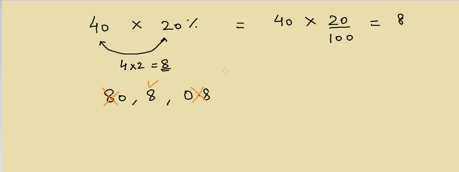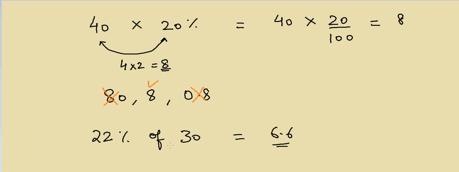So if we don't worry about the zeros, we can do this calculation very quickly without thinking about zeros. For example, if I have to say 22% of 30, the answer will be equal to 6.6. What I did, I just multiplied 22 and 30.